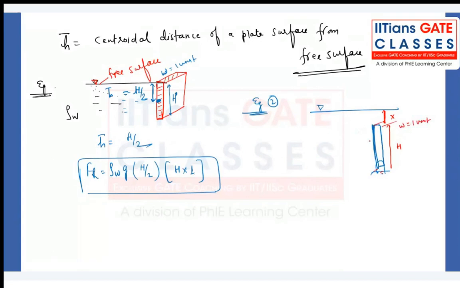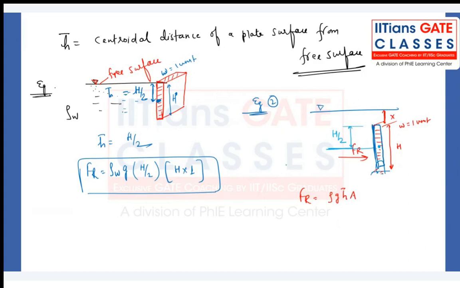So now in this plate, if I want to measure the hydrostatic force, then the hydrostatic force will be rho g into h bar into area. Now what will be my h bar in this one? Centroidal distance of a particular plate from a free surface. What is the centroidal distance, my dear friend? The centroidal distance of the plate will be from here to here. Everyone knows that it is H by 2.